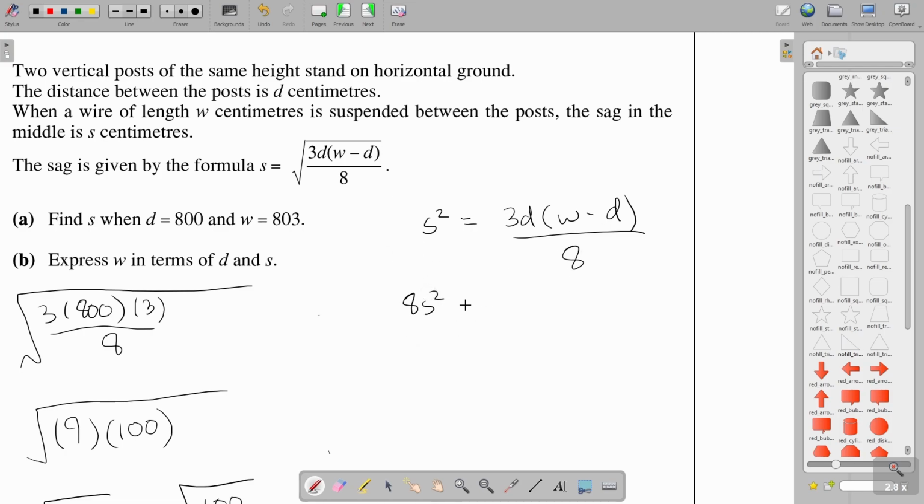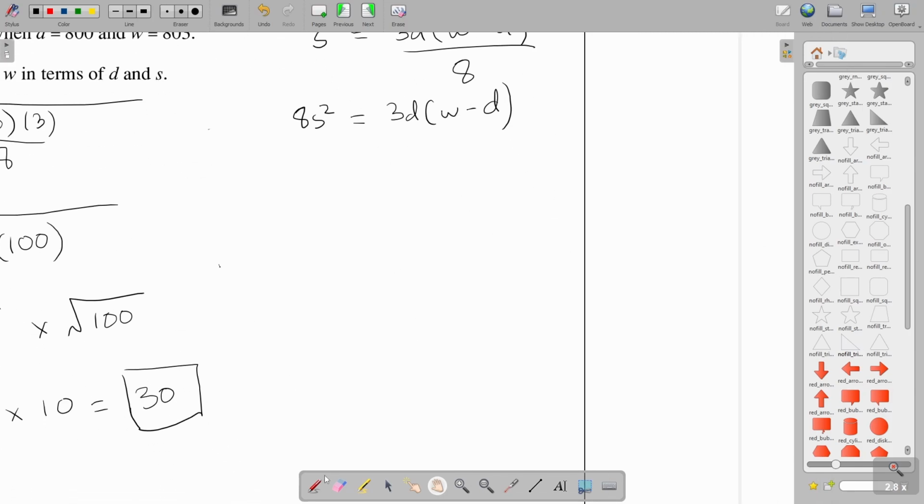So I'll do 8S squared is equal to 3D(W minus D). Now I can send the 3D over there by dividing both sides by 3D, so I get 8S squared over 3D is equal to W minus D.